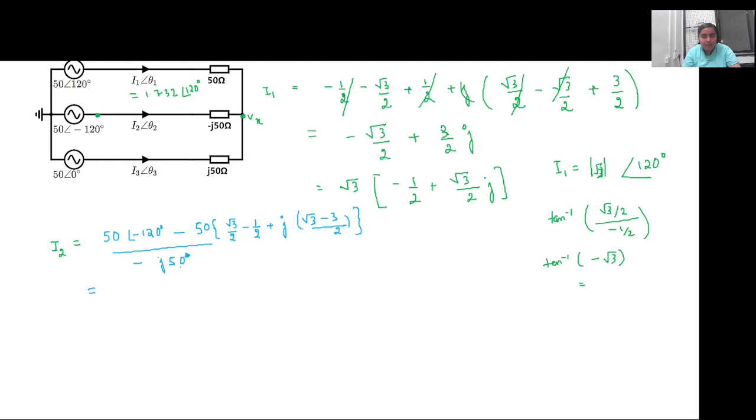And what is cos of minus 120? Like this minus 120 degree, you write it in terms of i and j, right? So what is cos of minus 120? Anyone?